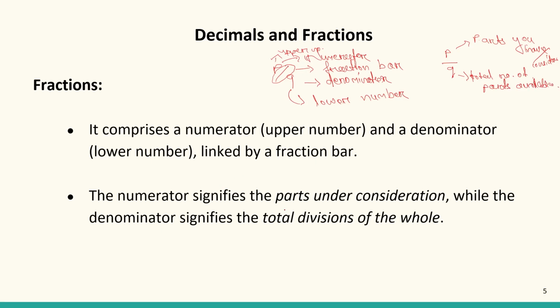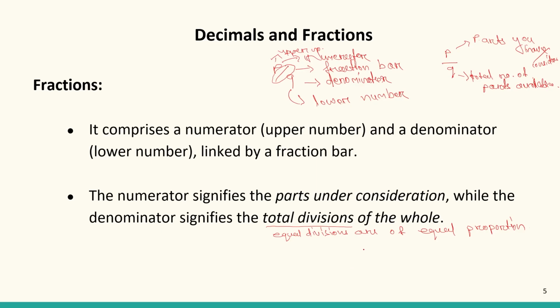The numerator signifies the parts under consideration, while the denominator signifies the total divisions of the whole. And mind here that the total divisions are actually of equal proportion.